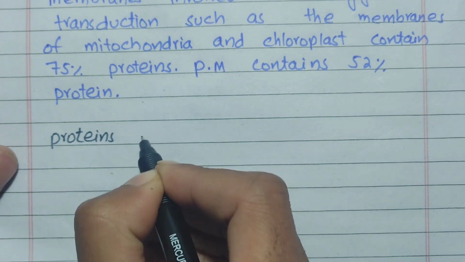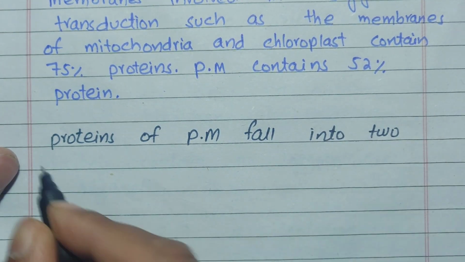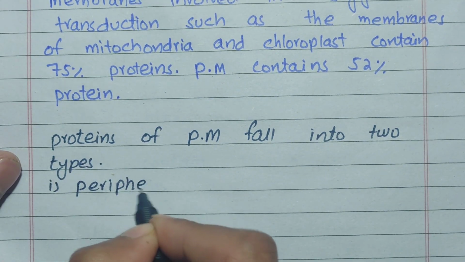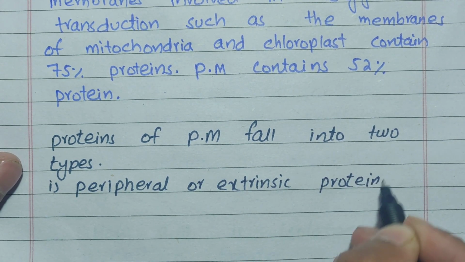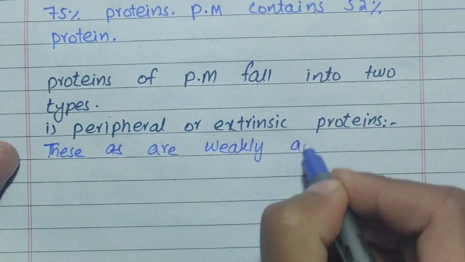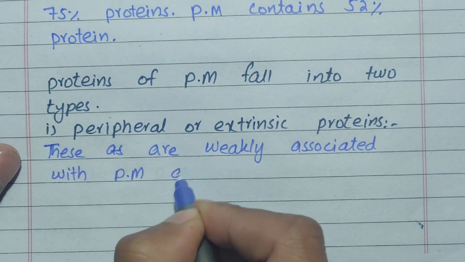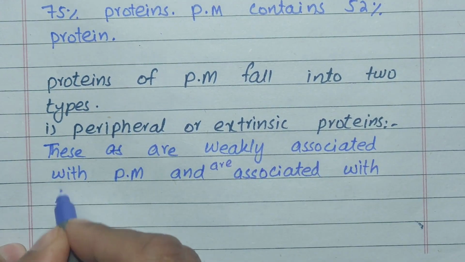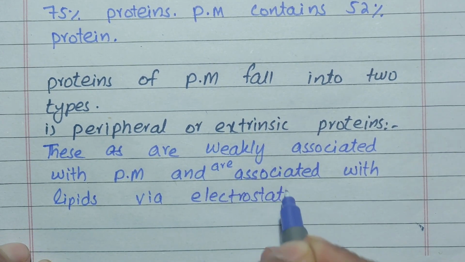Proteins of plasma membrane fall into two types. First type is peripheral or extrinsic proteins. These are weakly associated with plasma membrane and associated with lipids via electrostatic interactions.